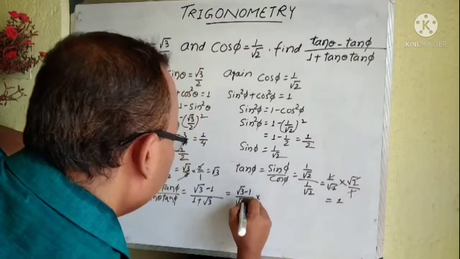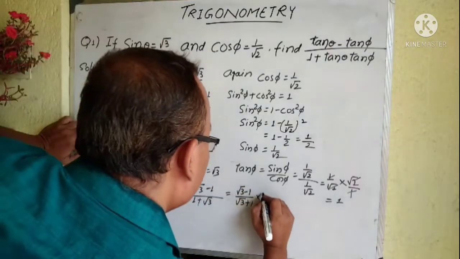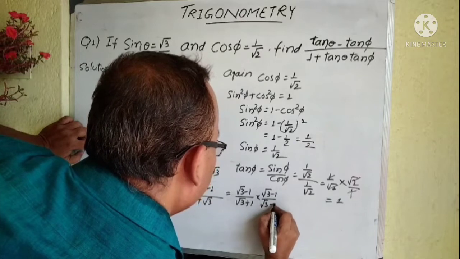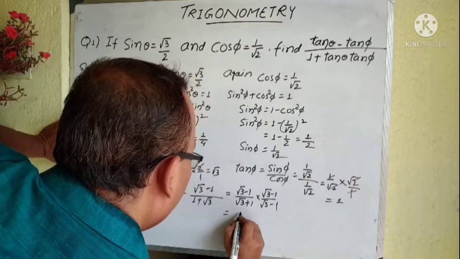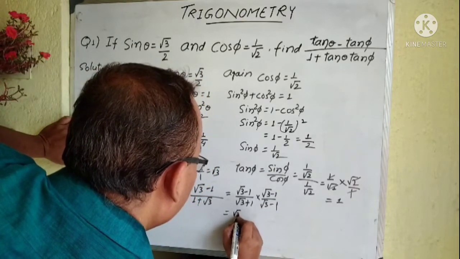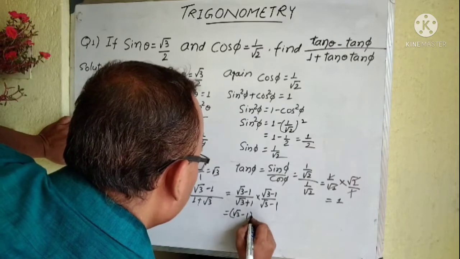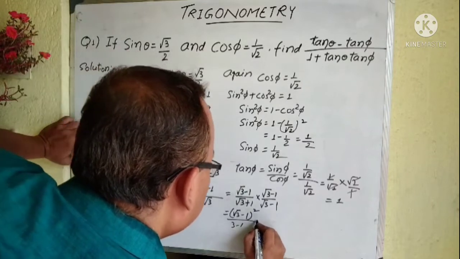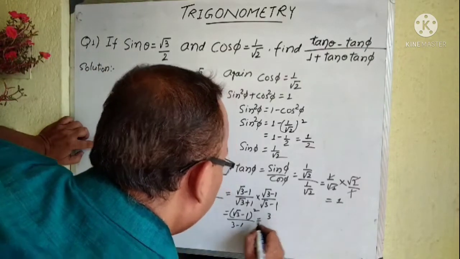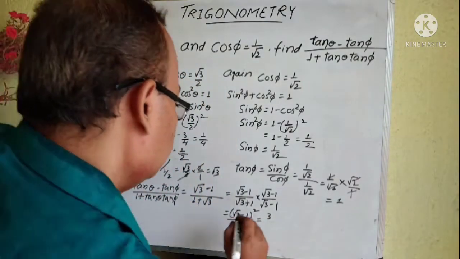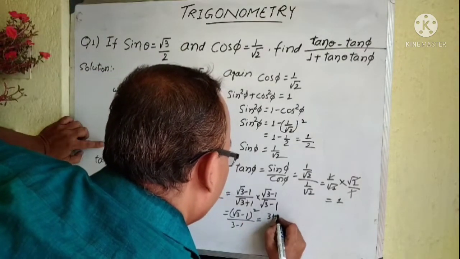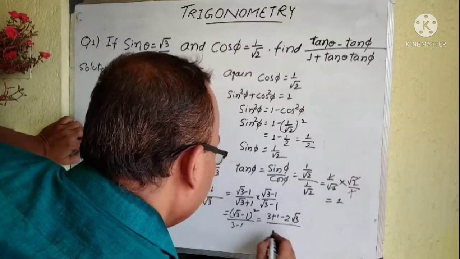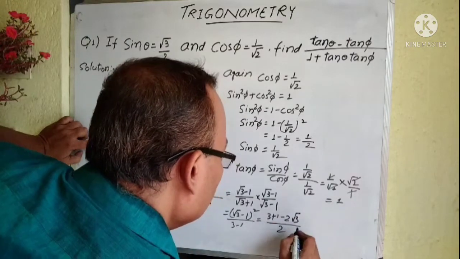So we will rationalize it. So root 3 minus 1 by root 3 minus 1. So it will become root 3 minus 1 whole square by 3 minus 1. So apply a minus b whole square: 3 plus 1 minus 2 root 3 by 3 minus 1, which is 2.